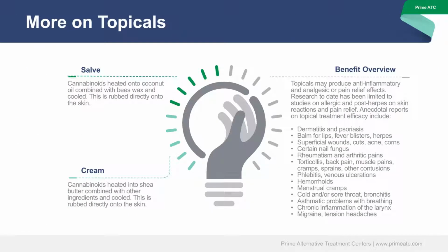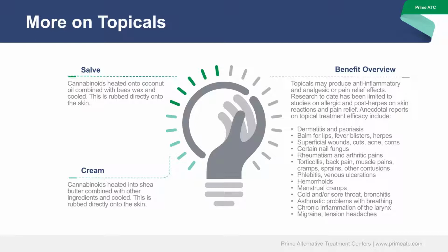There are different types of topicals, including salves, which are cannabinoids heated into coconut oil combined with beeswax and then cooled. This is rubbed directly onto the skin. Creams: cannabinoids are heated into shea butter and combined with other ingredients and cooled, and then rubbed directly onto the skin.